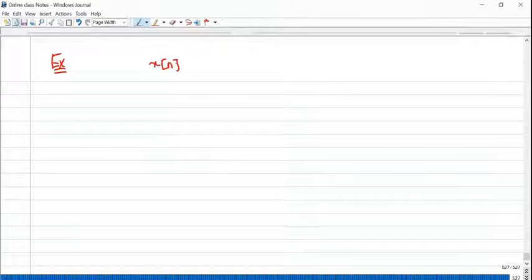We began the Z transform with the problem x of n equal to a power n u of n. What is the Z transform of this?